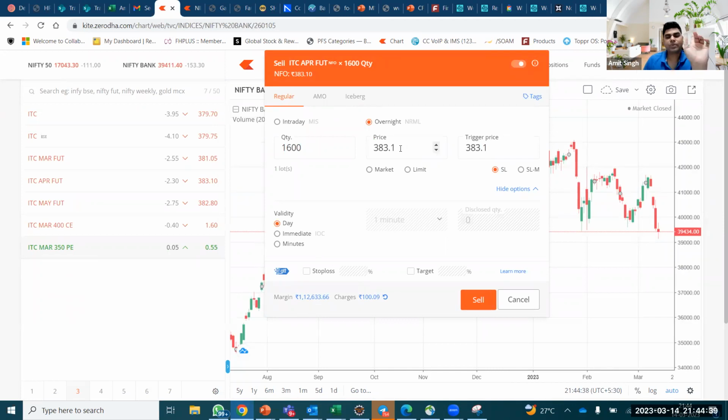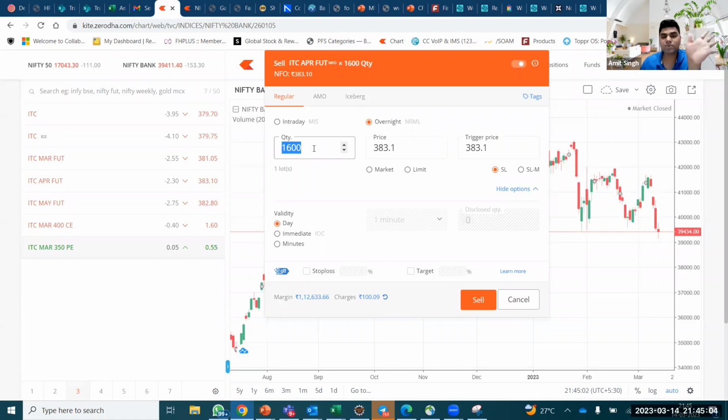This is 383 multiplied by 1600, but actually his margin is only 1.12. He does not have to spend another 6 lakh rupees, only 1.12. So I am buying 6 lakh worth and selling with 1.12, but the quantity is almost the same, 1600.